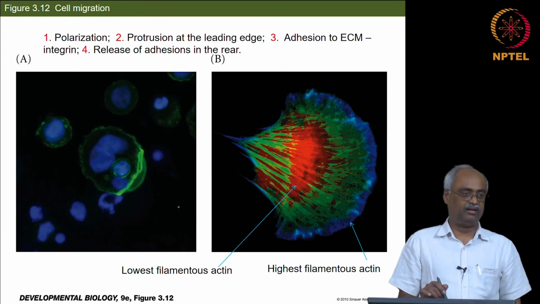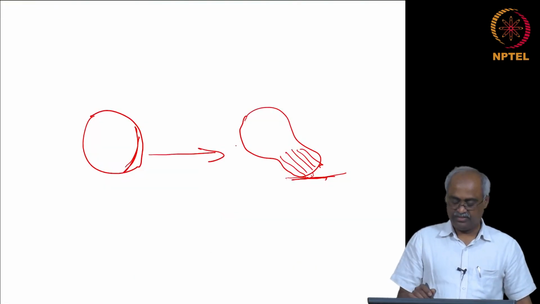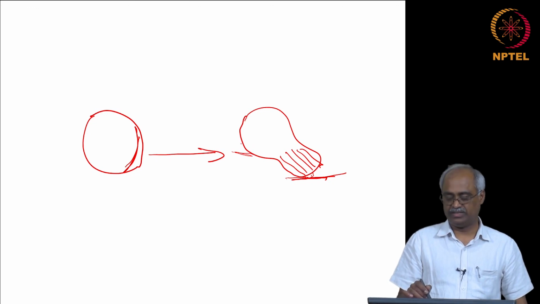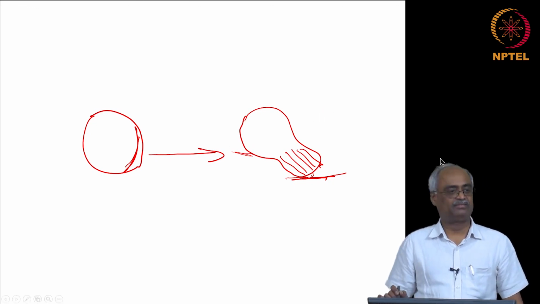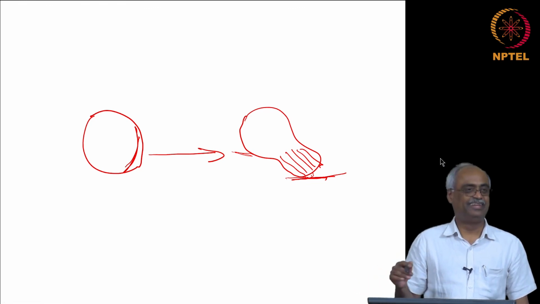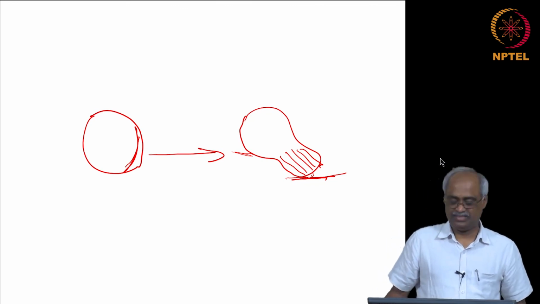And then the 4th step is on the other side, where the attachment is detached by producing proteases that would cleave the attachments, and then this is released. So, that is how the cell migrates. It is a somewhat clumsy migration, but it is good enough for cell migrations to happen in the time scales of development. Okay. So, this is how cells migrate normally.